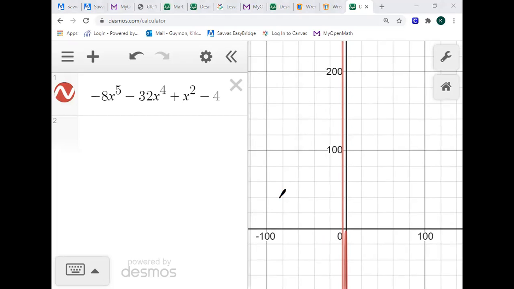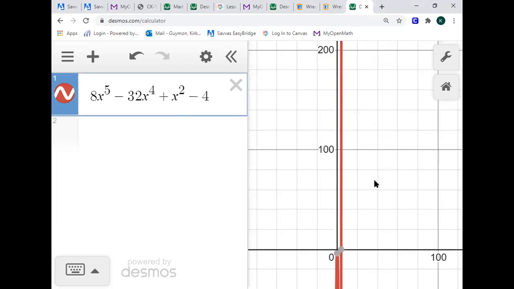I'm assuming I actually have their correct equation typed in there, because it looks something like theirs, but not quite. It certainly doesn't go through 4 over here. Oh, maybe because I got that 8 out there and I'm not supposed to.